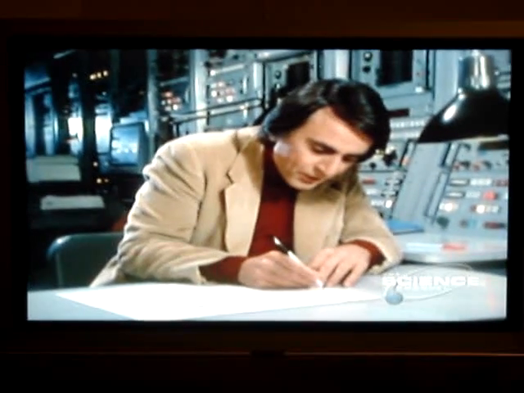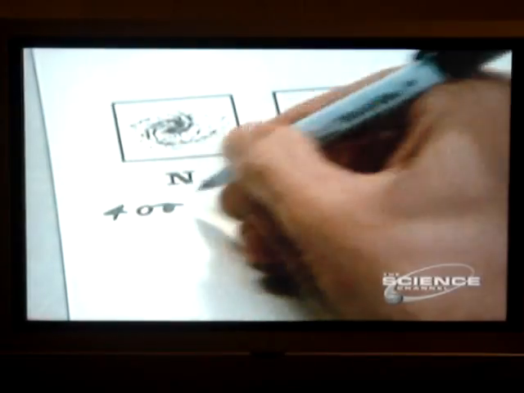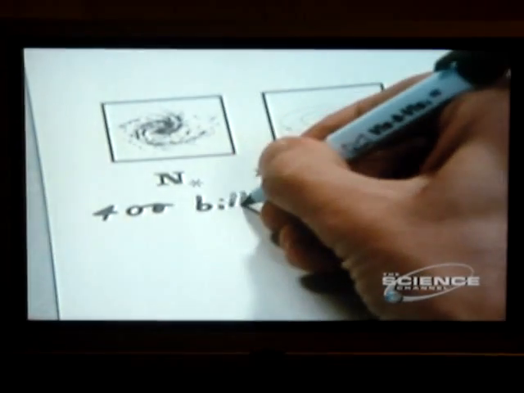By carefully counting the number of stars in small but representative regions of the sky, we find that the total number of stars in the Milky Way is about 400 billion. It's a lot of stars. What about planets?